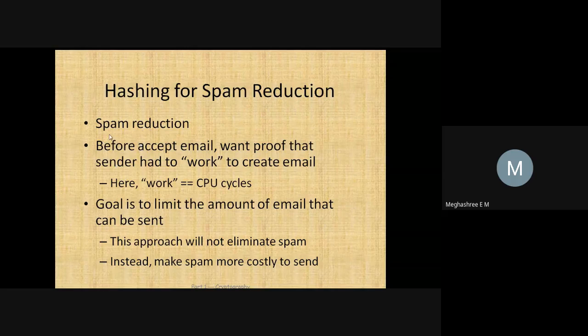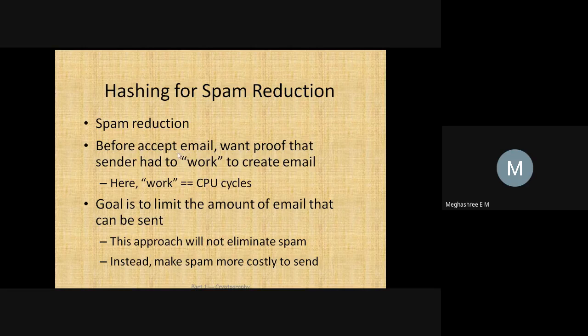One method followed here is, consider Alice. She accepts the email from any sender only if they have created the mail using some work. That means if they have spent enough system resources creating the email, then she will accept it.